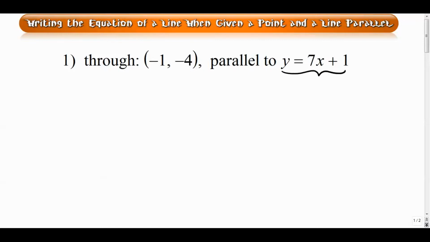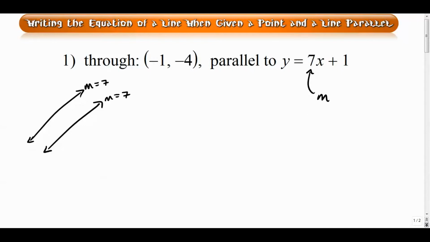First things first, we need to know what it means for two lines to be parallel. That really is a study of slopes. If we talk about two lines that are parallel, mathematically we're saying they have slopes that are the same. So if this slope is 7, this slope is going to be 7.